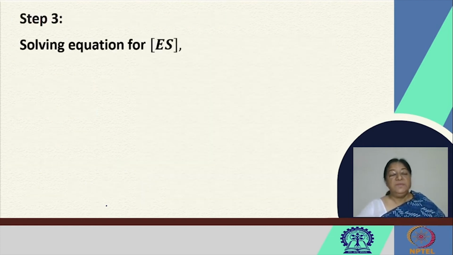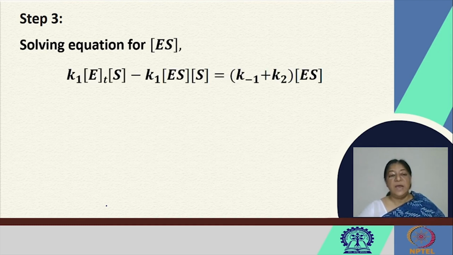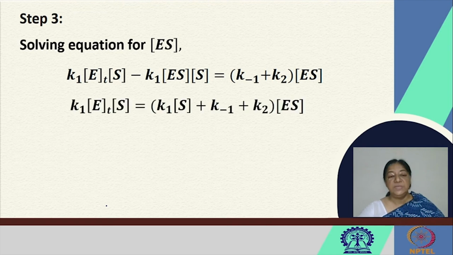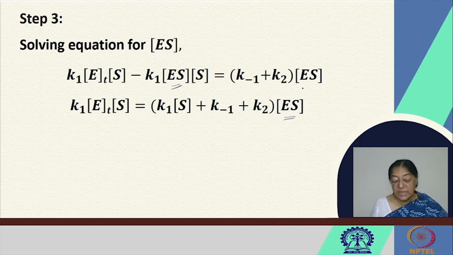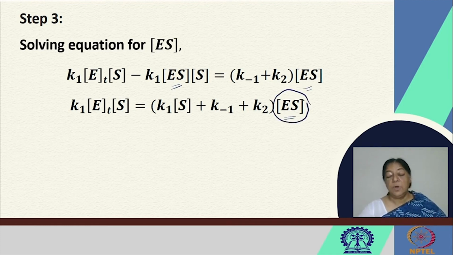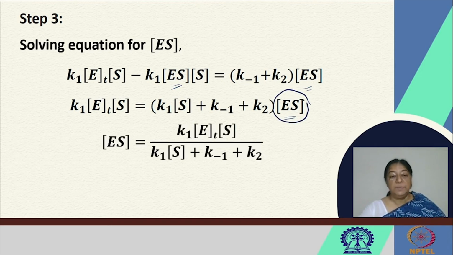Step 3 involves solving this equation for ES. So we have the equality related to the formation of ES and the disintegration of ES, which we have equated. From that, with a bit of algebra, we take the concentrations of the substrate and the enzyme to one side, and we have the enzyme substrate complex concentration that we have excluded from the brackets here.